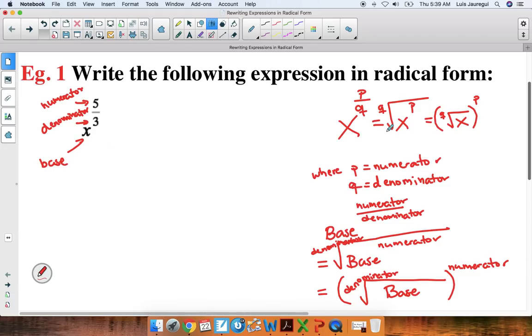So following this approach, x to the 5/3 is the same as x to the 5th power, and then we're going to take the cube root of that based on the fact that the 3 is the denominator. Or equivalently, you can change the order. Let me take the base, take the cube root of the base, and then elevate that to the 5th power. And that's how we write the expression in radical form.